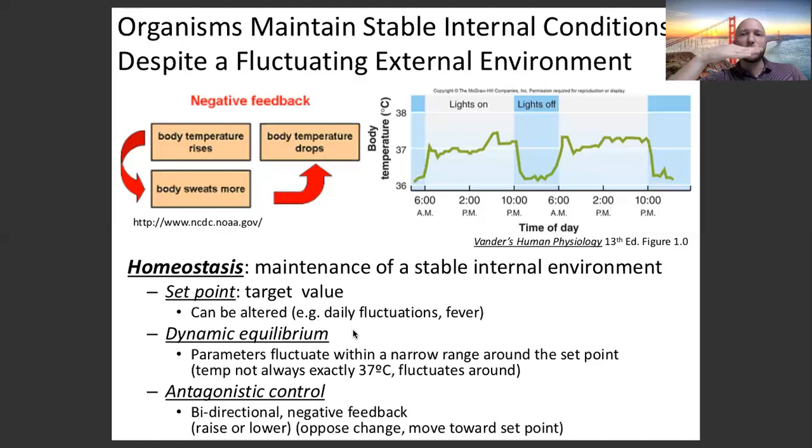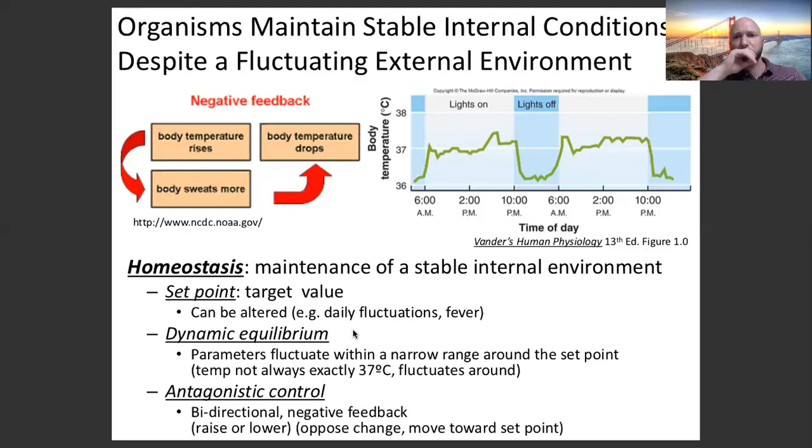The temperature would have actually fluctuated within a narrow range right around 50 degrees Celsius. It never would have been perfectly at 50 degrees Celsius for an extended period of time. It would have fluctuated up, fluctuated down, a little bit above, a little bit below. And that's exactly what happens around the set point in the human body.